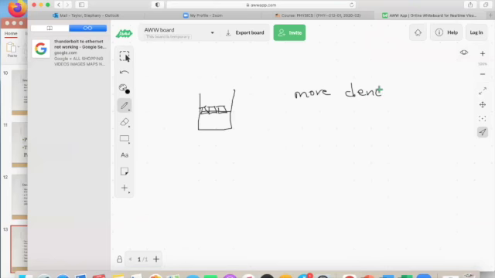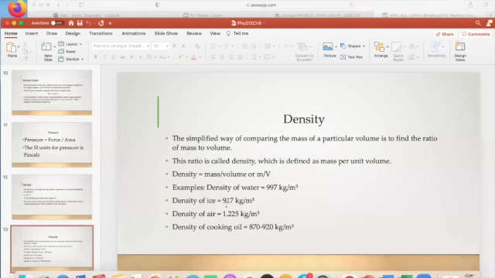The substance that is more dense will sink. Dense will sink. And the less dense object will float.